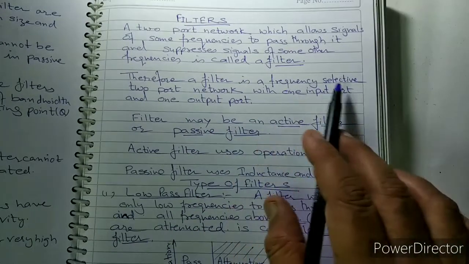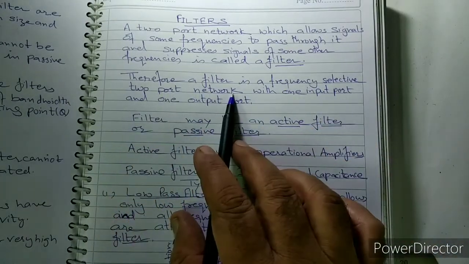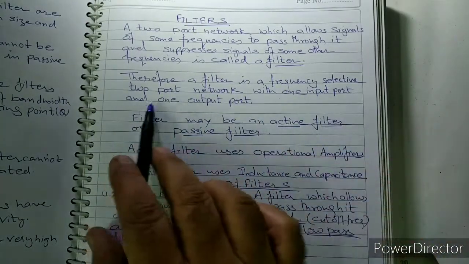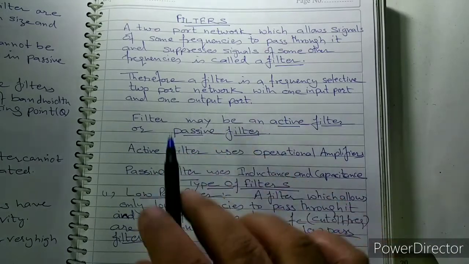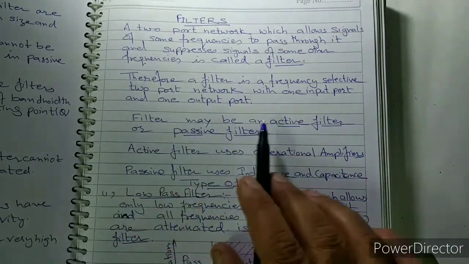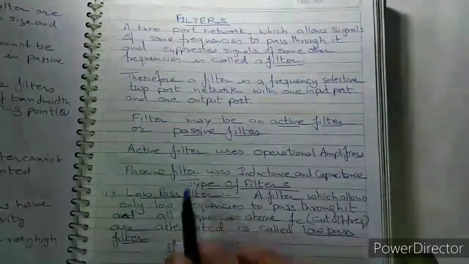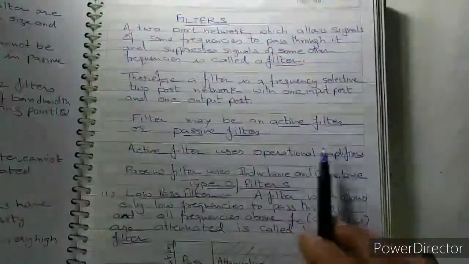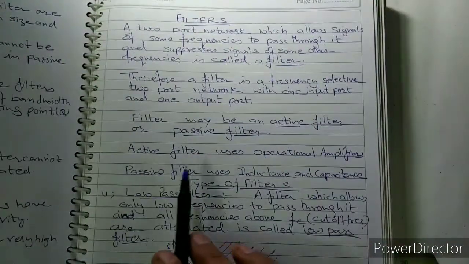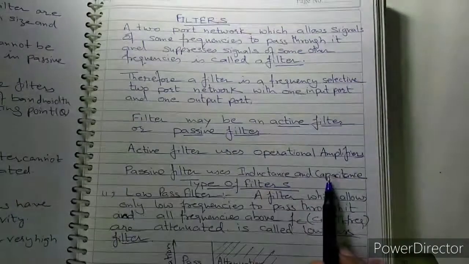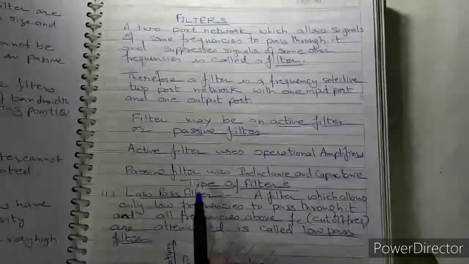Therefore, a filter is a frequency selective two-port network with one input port and the other output port. Filter may be an active filter or passive filter. Active filter uses operational amplifier, whereas passive filter uses inductance and capacitance.